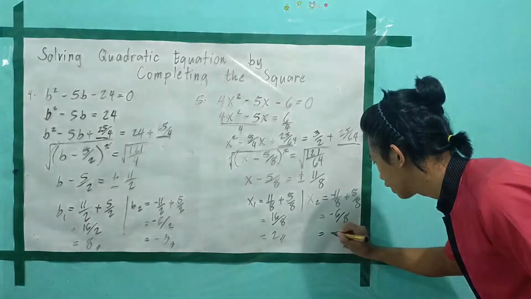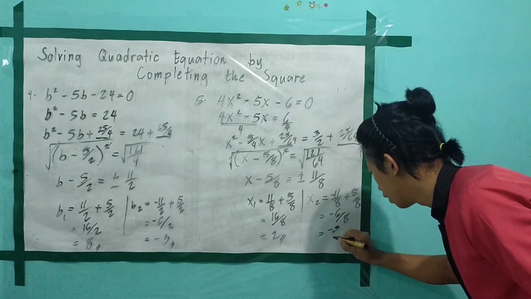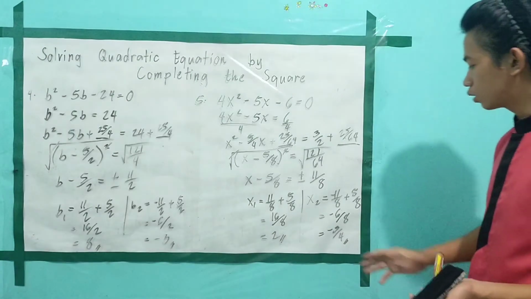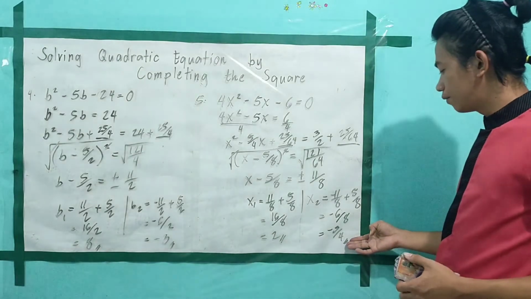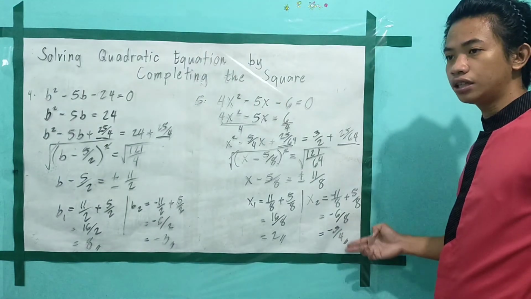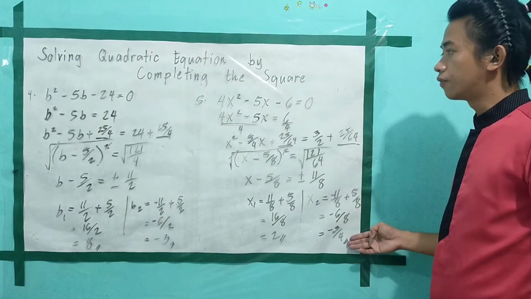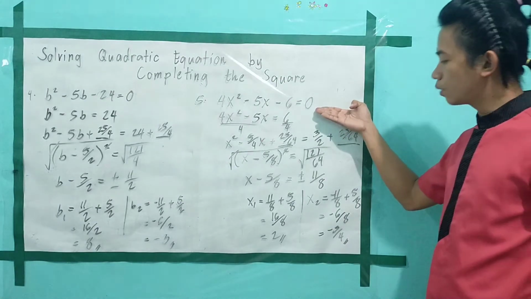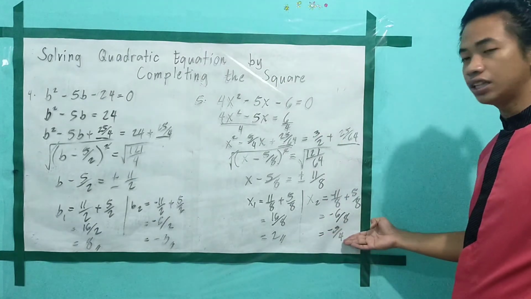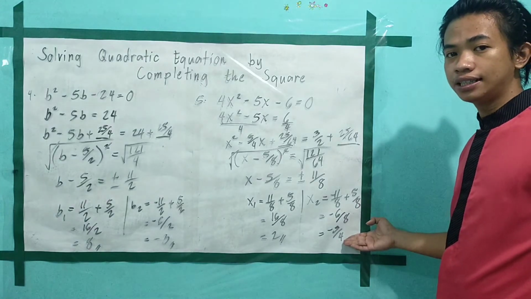Simplify natin, magiging negative 3 over 4. So, our second solution is negative 3 over 4. Therefore, the solutions in this given problem are positive 2 and negative 3 over 4.